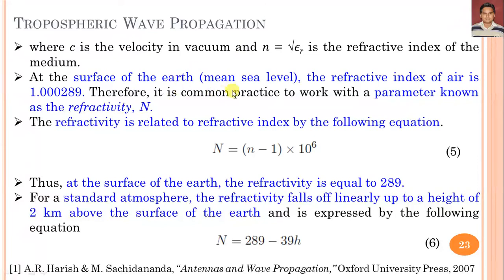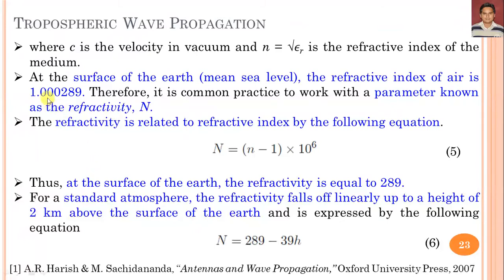At the surface of the earth, at mean sea level, the refractive index of the air is 1.000289. Therefore, it is common practice to work with a parameter known as the refractivity. We consider the refractivity parameter N by considering the refractive index of the air.